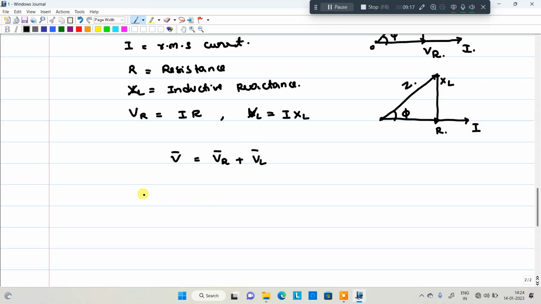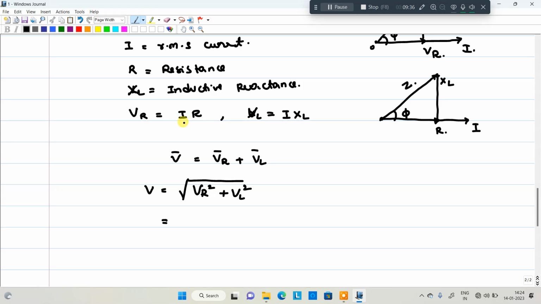Okay, from that the magnitude V is equal to square root of VR square plus VL square. There is no vector symbol here. What is VR?